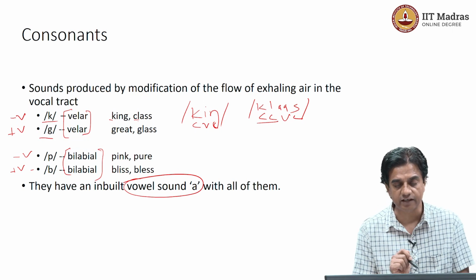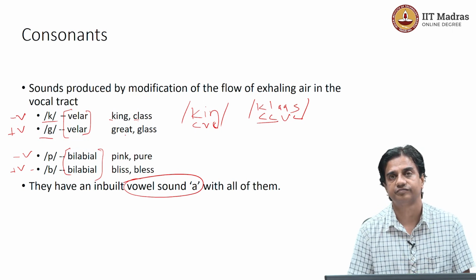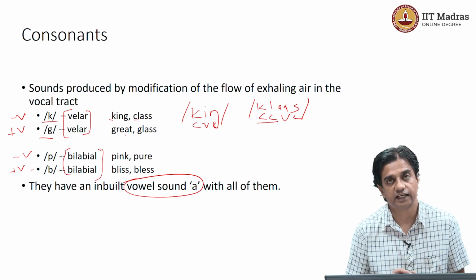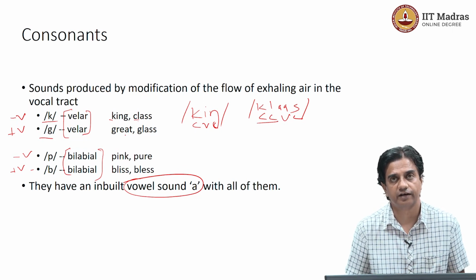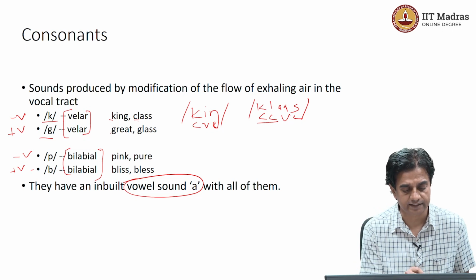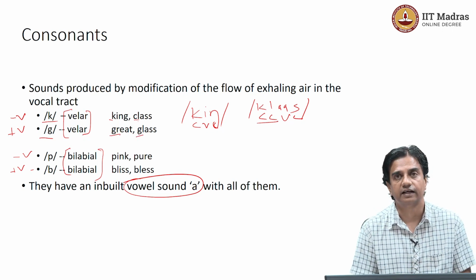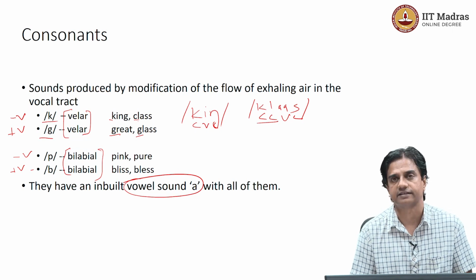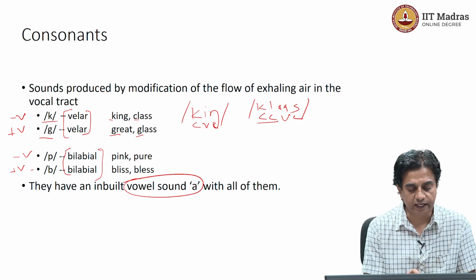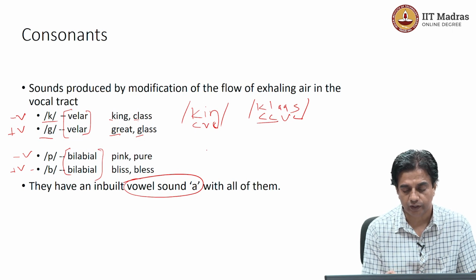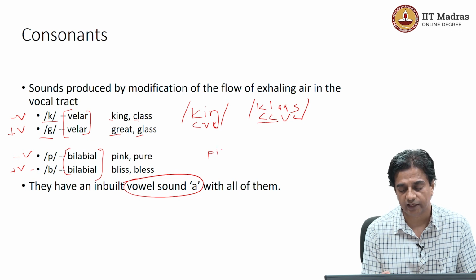When you look at the second one, great, you will see the first two sounds in this word, g and r, are again forming a cluster. We have seen this word glass, g and la are making a cluster. When you look at words like pink, in this one you have pa, short e, na and ka, pink.